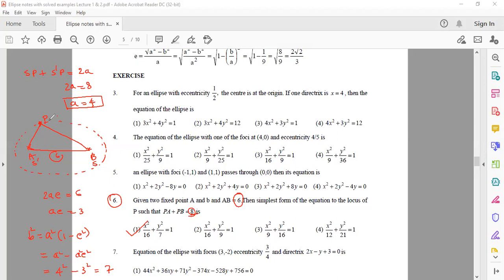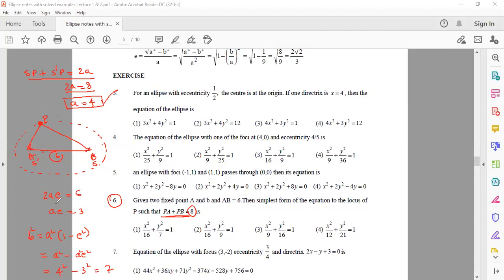So what have we done? They've given us PA + PB is equal to 8. A and B are two fixed points, which means A and B are the foci. P is any point on the ellipse. SP + S'P will always be 2a in an ellipse. So this 8 is nothing but your 2a, so you get a from that.